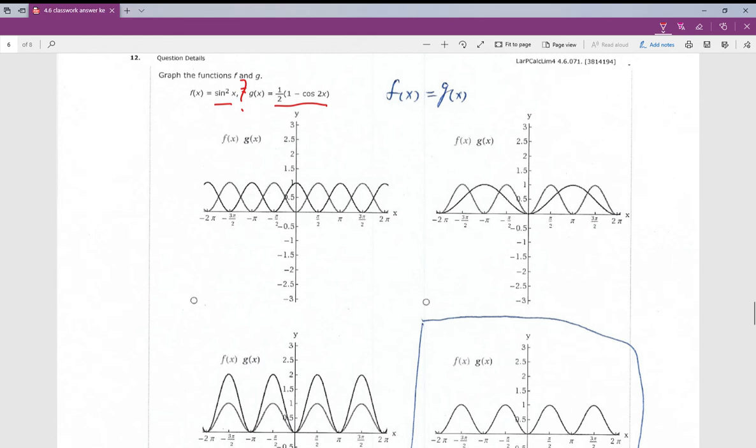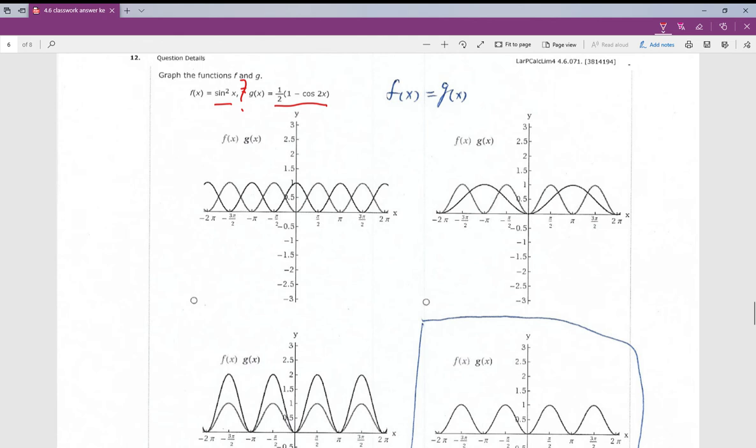I would suggest you use a graphing calculator to graph because it's too much work. But it's better if you can graph by hand. It's very complicated.